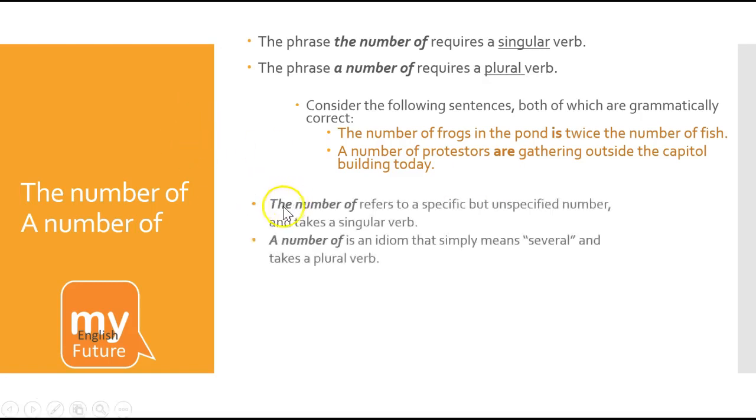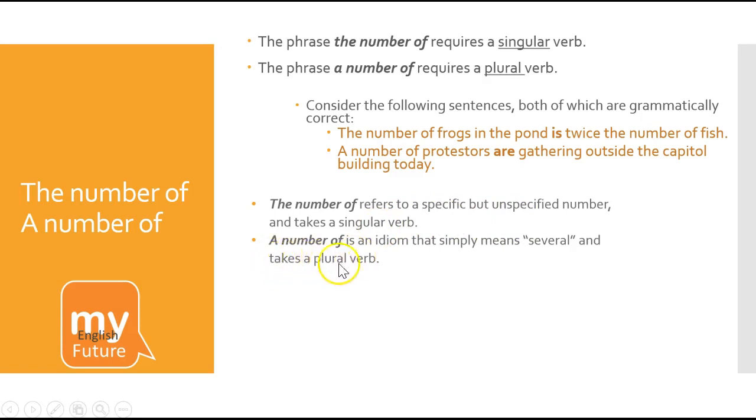Why? The number of refers to a specific but unspecified number. That means you don't know the number. Because you don't know, it's like an uncountable noun and takes a singular verb.